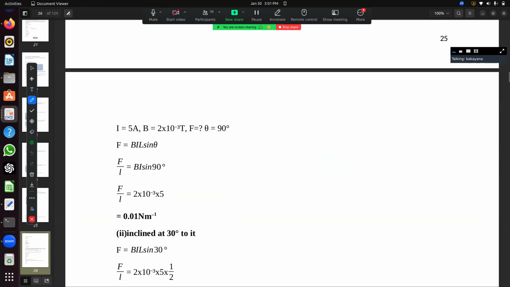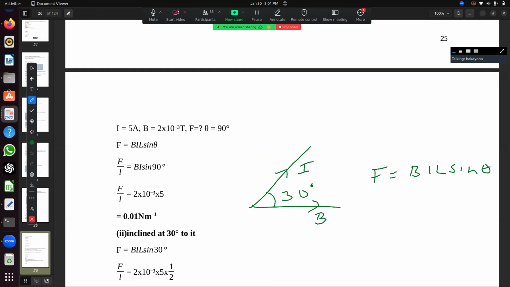What happens if the conductor, remember the conductor is one that carries current, is inclined at 30 degrees to the direction of the magnetic field? Then our force, which is BIL sine theta, you divide by L, you get force per unit length is BI sine theta.